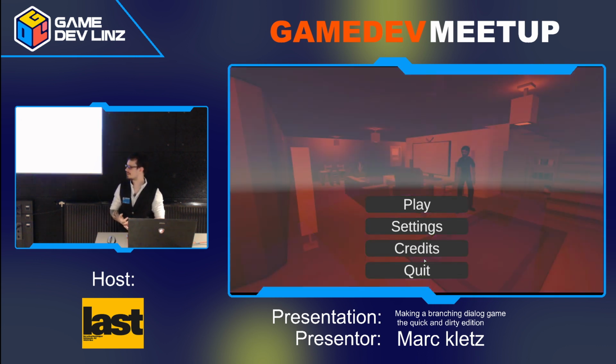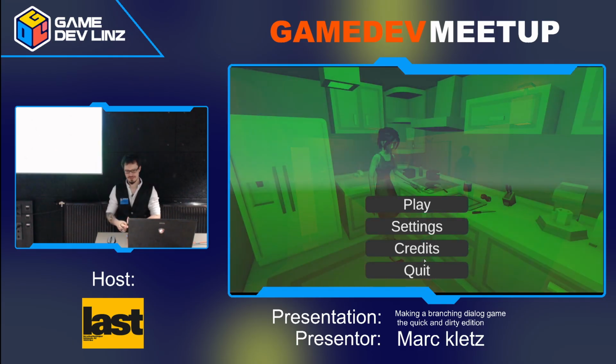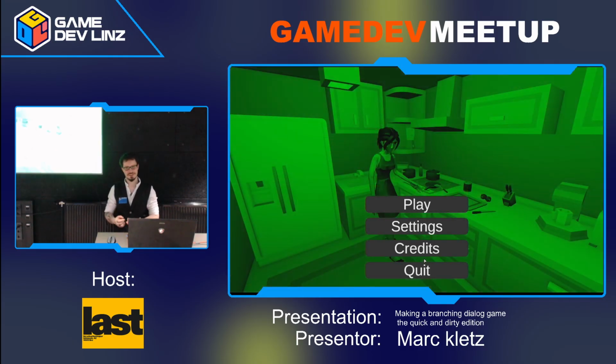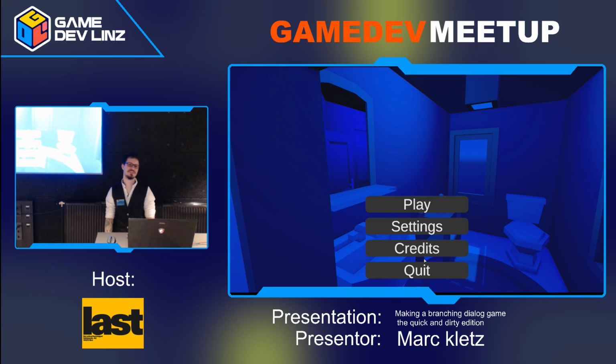So I now had to look up: okay, do I make something that runs in the Unity environment? How do I make this? Do I have to make this all on my own? There's the graph node, it's called. That's what XNode is using. There has to be something that already does this. And then I googled a little bit, and I found that, and I was like, sweet, easy.